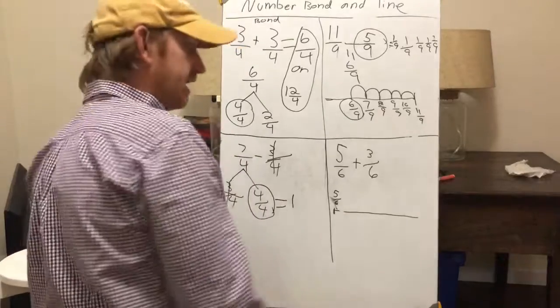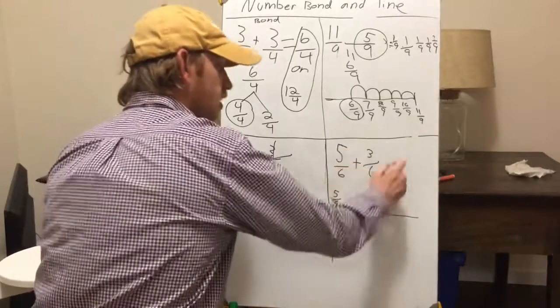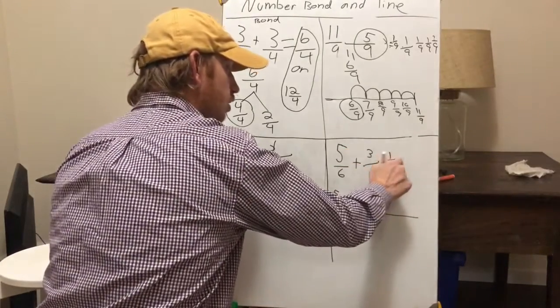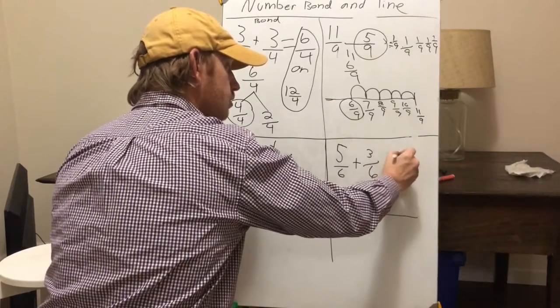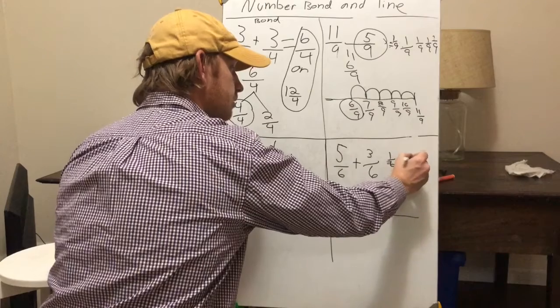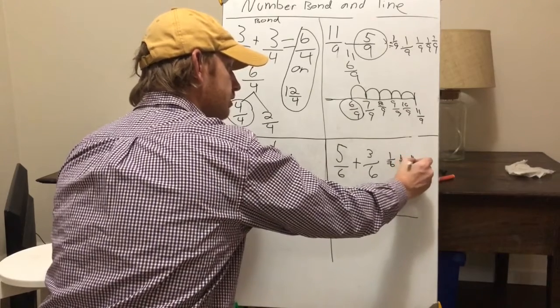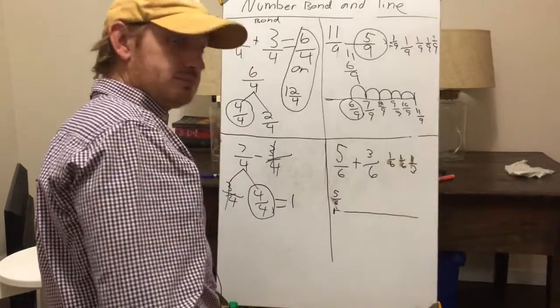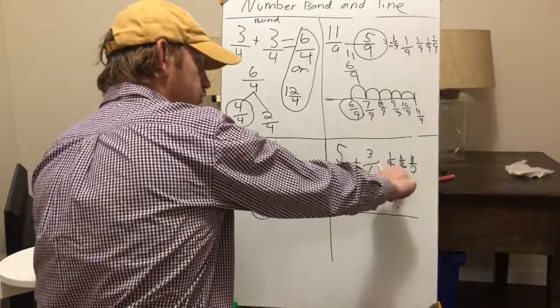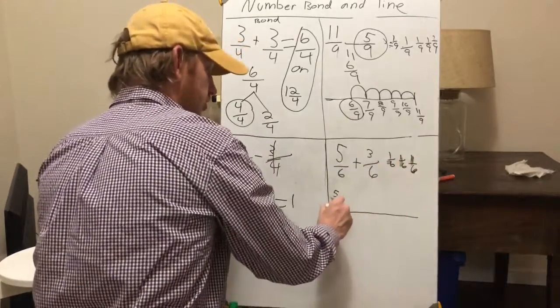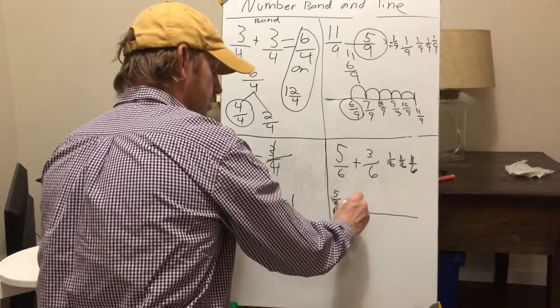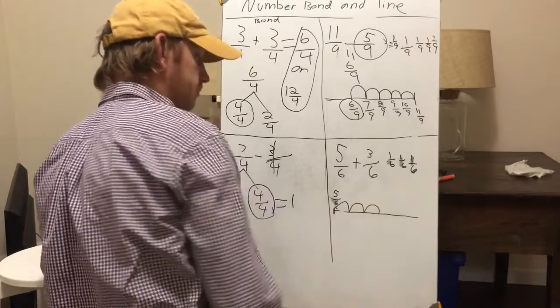And then I'm going to add 3/6, which is the same thing as 1/6, 2/6, and 3/6. So I'm going to go 1, 2, 3 times. So we're going to jump 1, 2, 3.